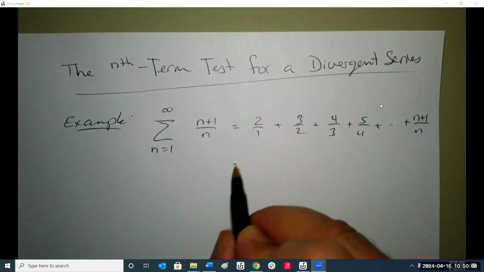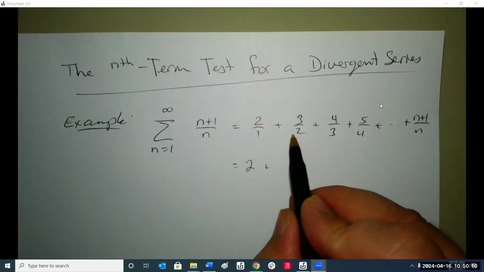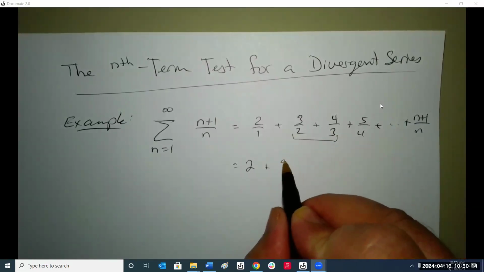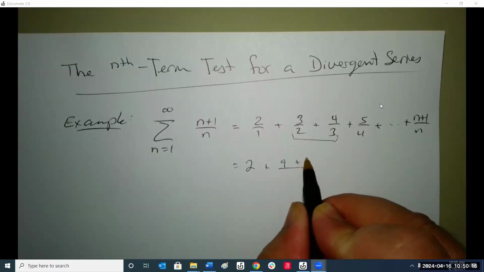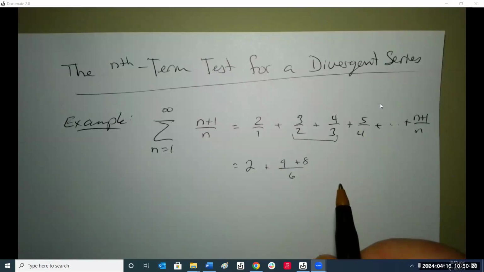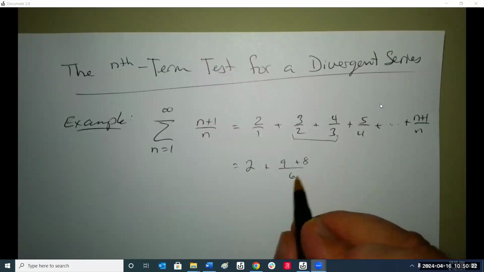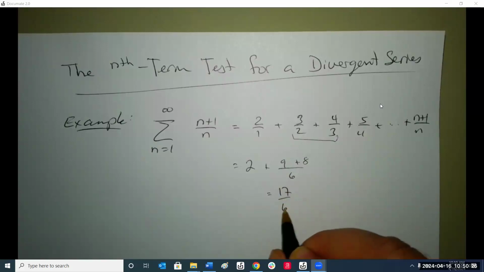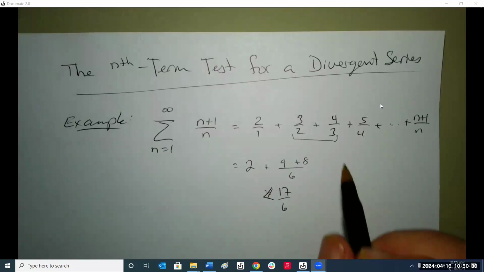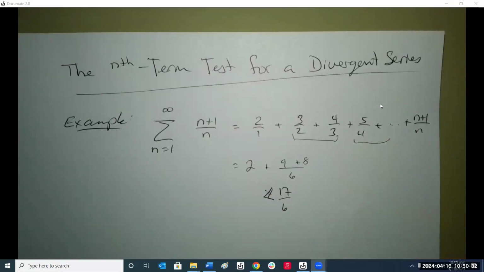So each of these terms gets bigger and bigger and bigger.